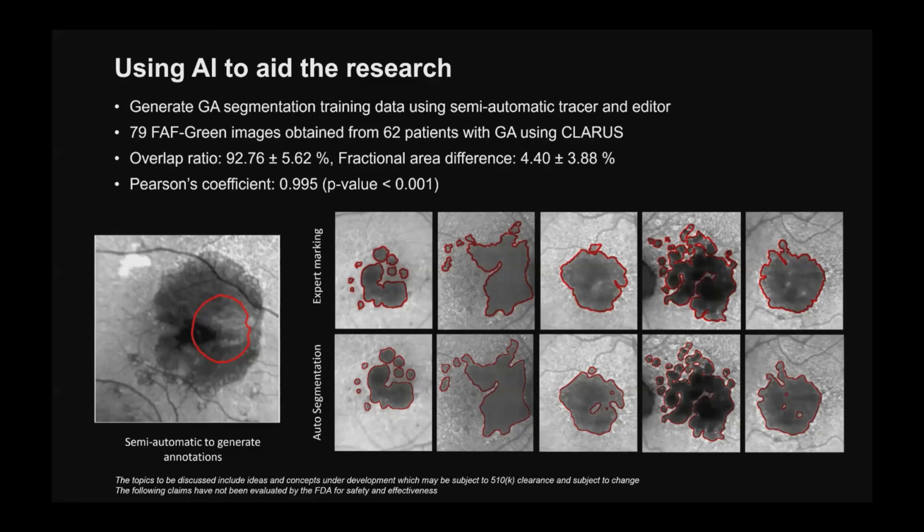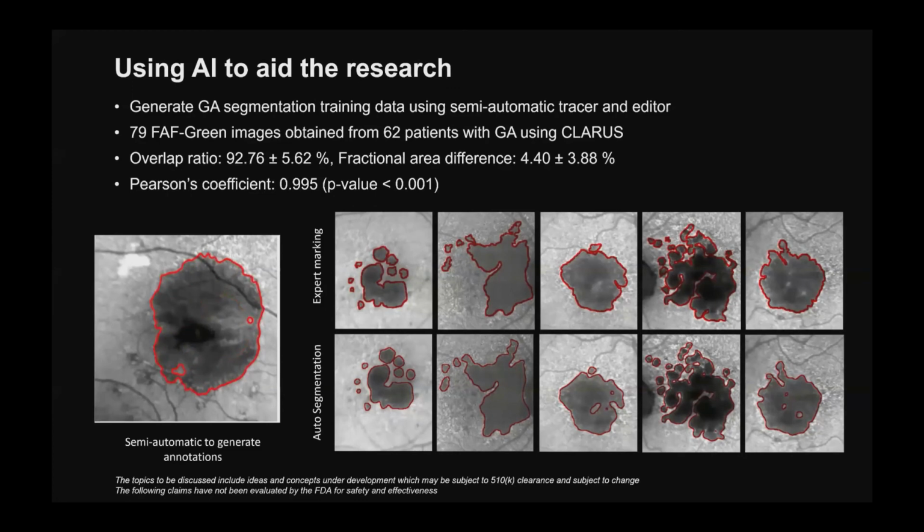Like in all deep learning algorithms, what is difficult here is getting the annotated data. So we did a two-step development process. First, we developed a semi-automatic tool. What this tool does is when a clinician clicks on an area, it automatically populates the atrophy area around it. So this helps in faster annotation.